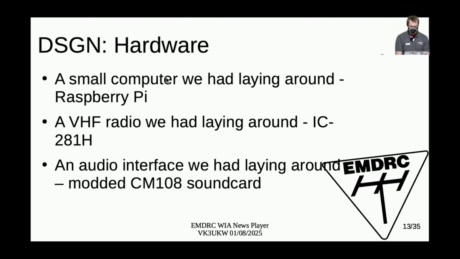And then you also need an audio interface to get your broadcast from the computer into the radio, and that's where I did a little bit of home brewing and used a modded CM108 sound card, and I'll explain what that is all about in a minute.